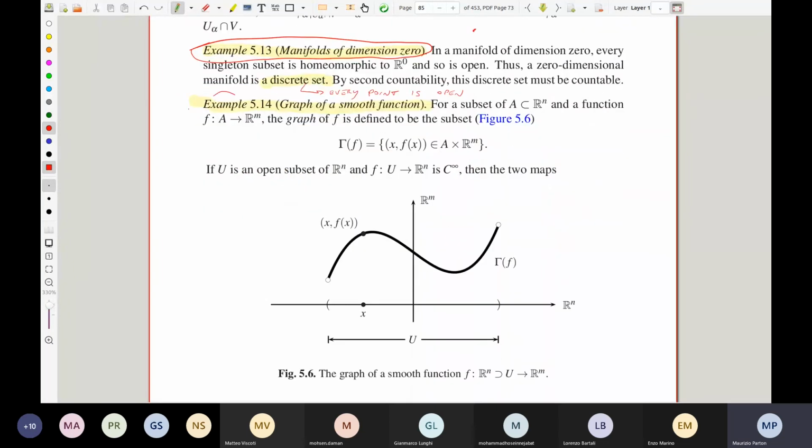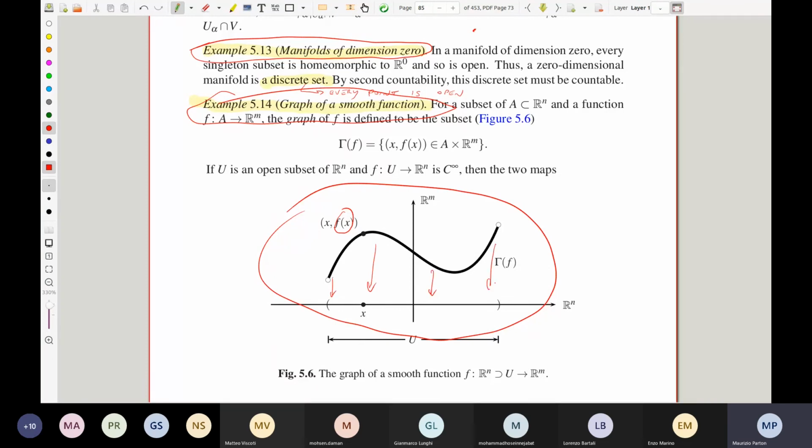The graph of a smooth function. Look, this graph, whatever the function is, is a manifold. Of course, the function must be differentiable, must be smooth. What is the chart? The chart is the projection. You see?